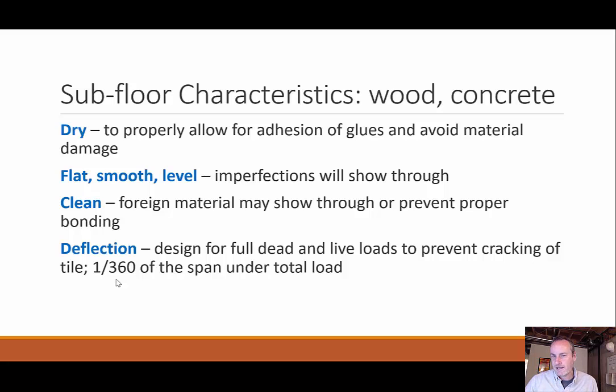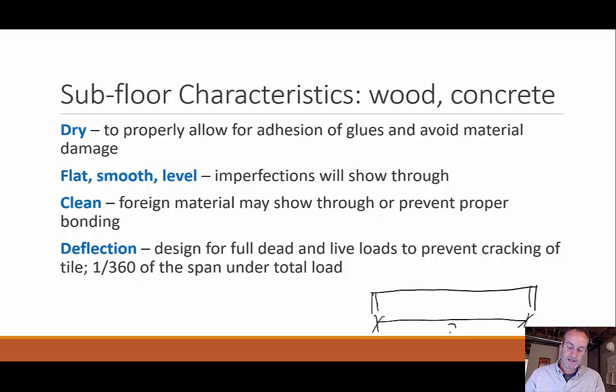As a general guideline, and actually by code, the way we define this deflection, how far it can go down, is 1/360th of the span under the total load. For instance, if I had some flooring, and say this span here was 20 feet, how much deflection can I have in the center, how much it can sag down, would be the length over 360.